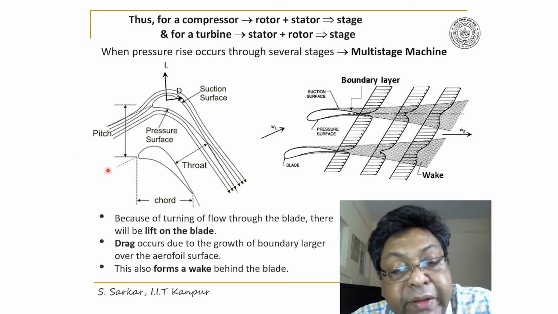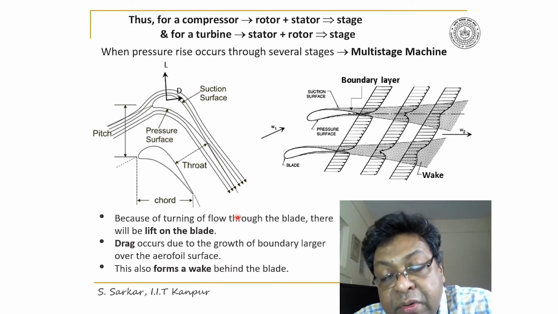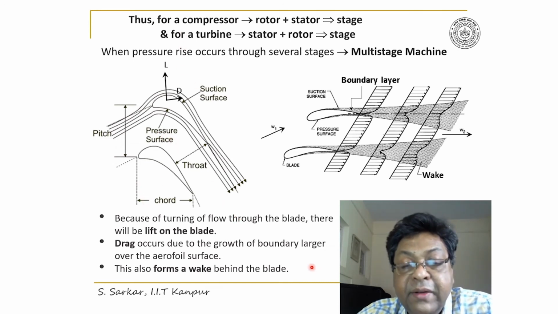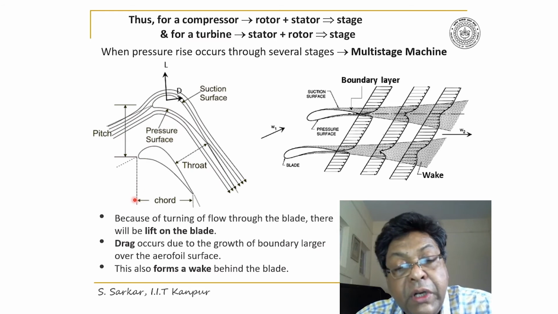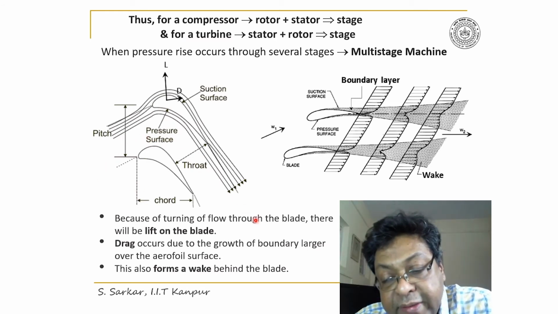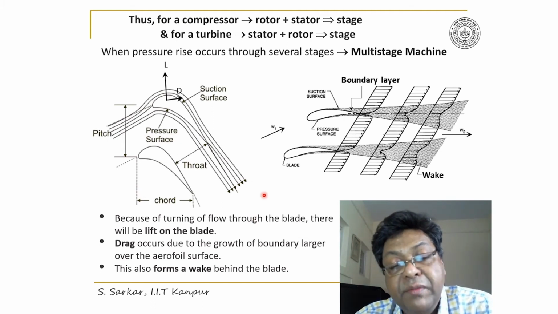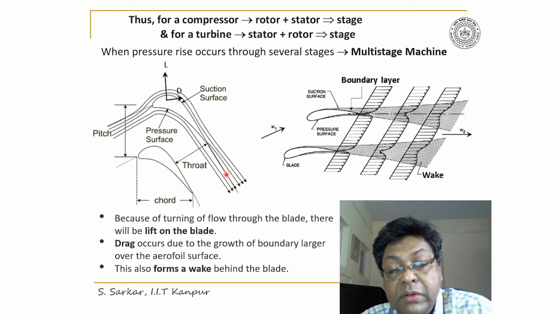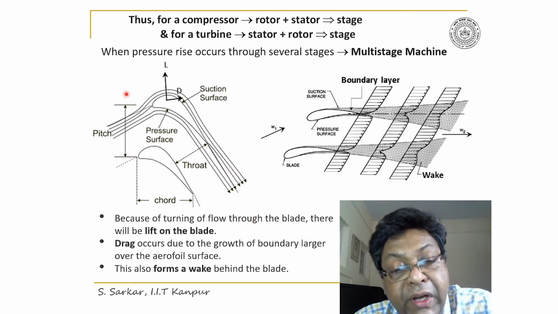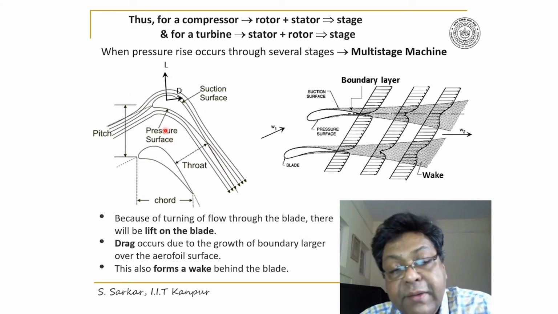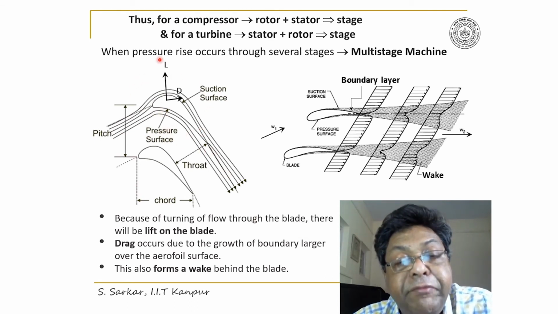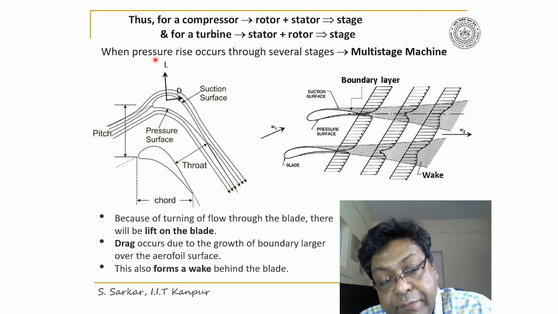Please note that as the flow passes through a series of blades, the fluid deflects, and because of this deflection, because of the turning of the flow, there will be circulation developed on the blade, and thereby the lift generates.